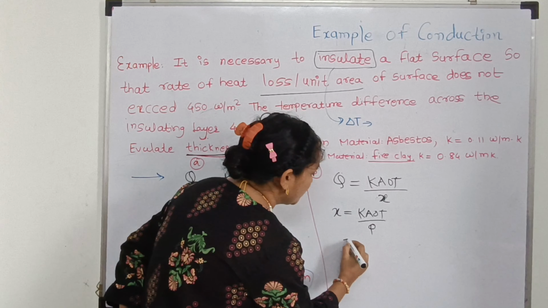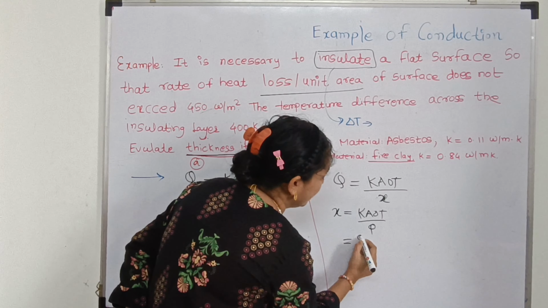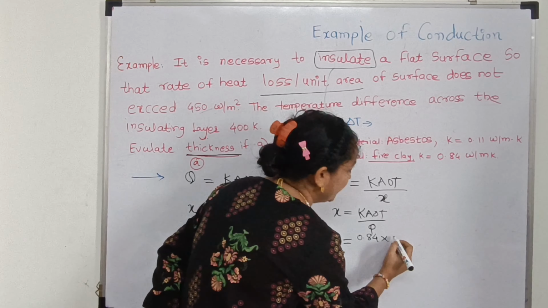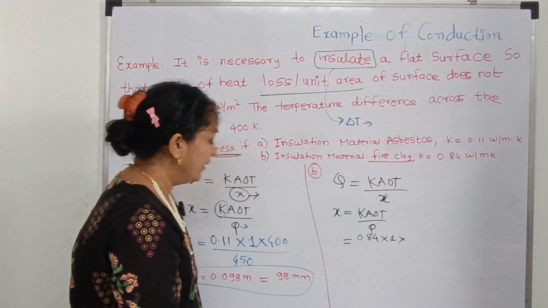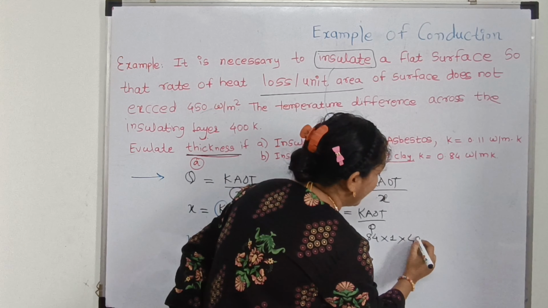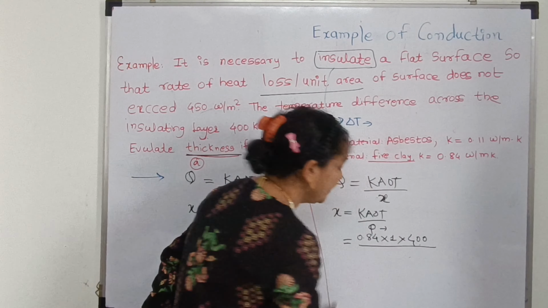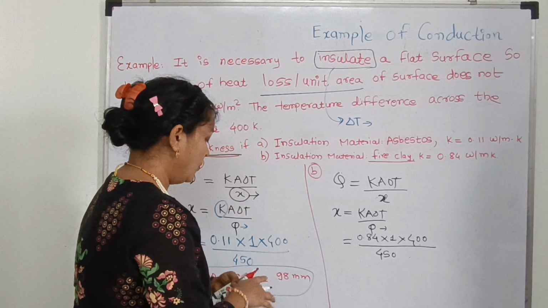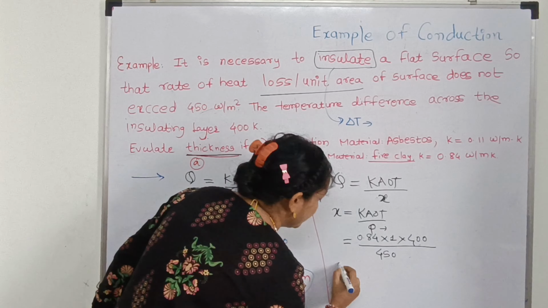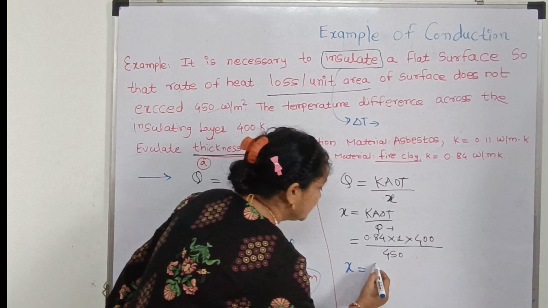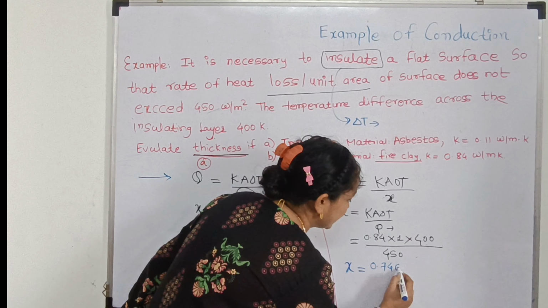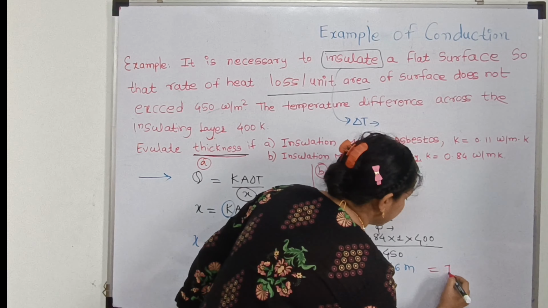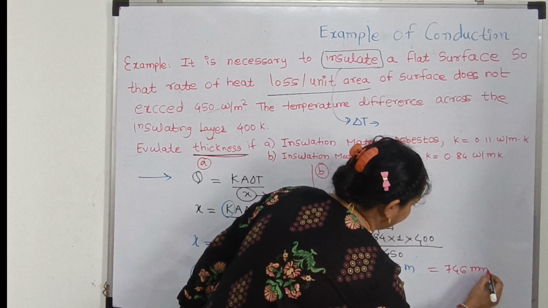K is 0.84, multiplied by the area, which is 1. Delta T is 400 and Q is 450. Through simple calculation you get 0.746 meter, that is 746 mm.